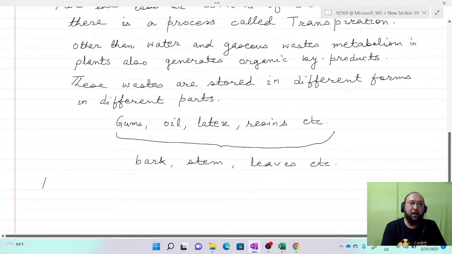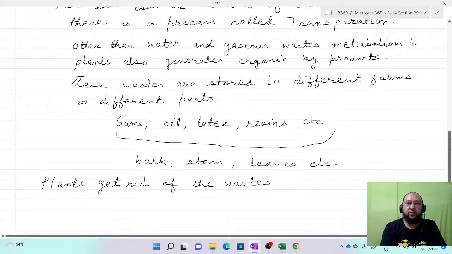While summarizing, plants get rid of the waste products in the following manner.